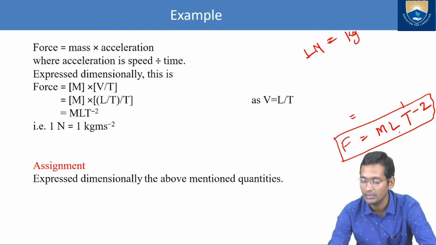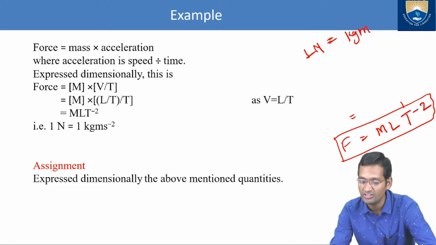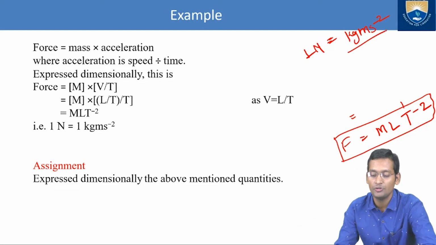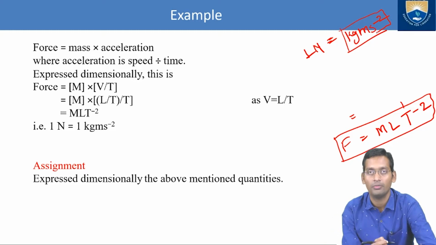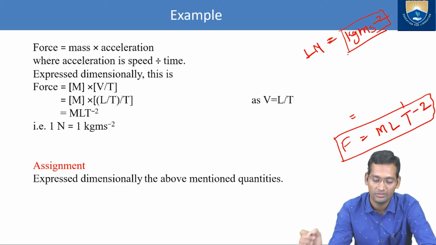L is in meter. So kg meter. Right? Now what is T? Second. Power minus 2. So means 1 Newton we can represent in terms of kg meter per second square. Like this we can.